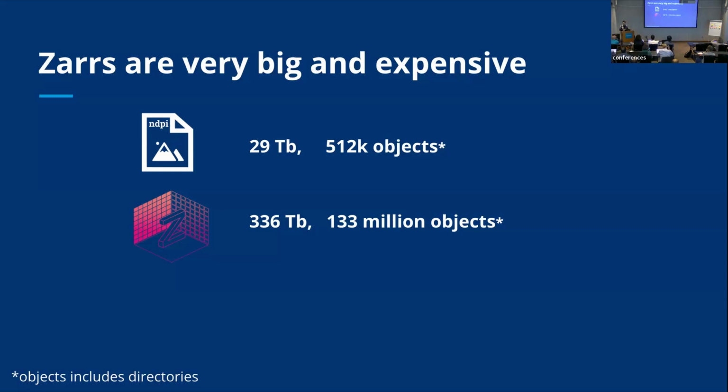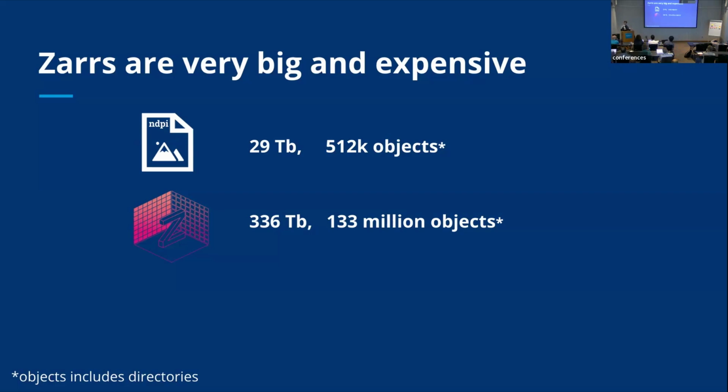And when we converted that to Zarrs, we had more than a 10-fold increase in size. And particularly for us, that's because the NDPIs are compressed and then they get uncompressed into the Zarr format. And so that causes a size blow up that you might not see with other files, those of you who are not whole slide imaging people. But what everyone is seeing is this massive increase in number of objects.